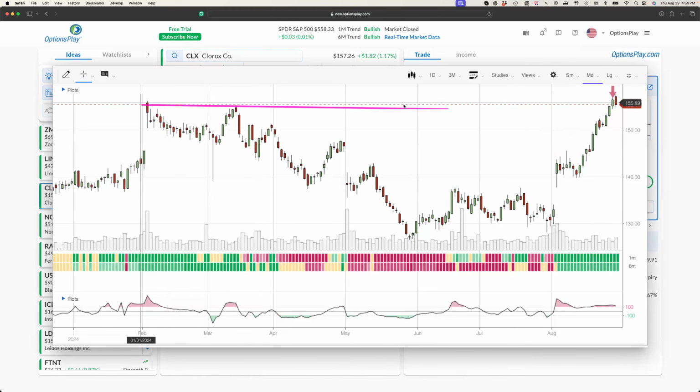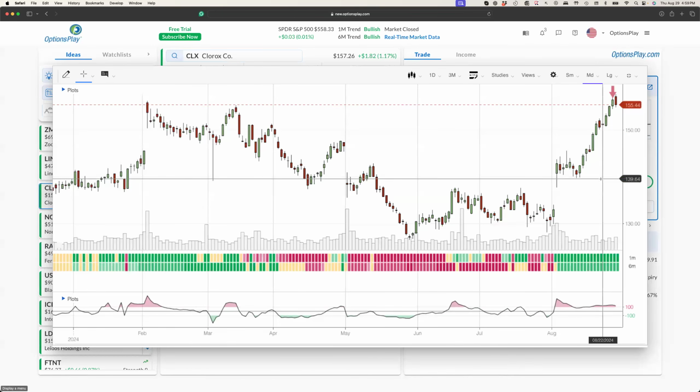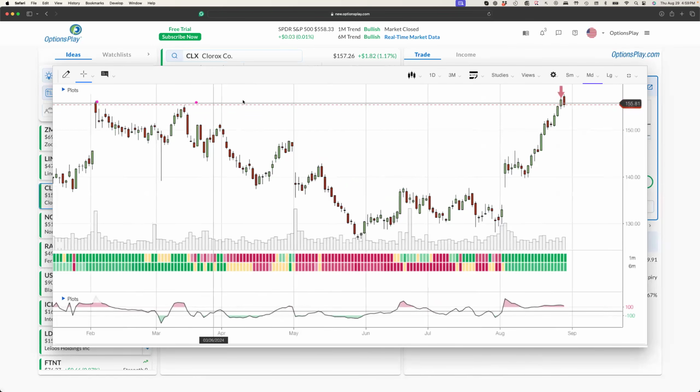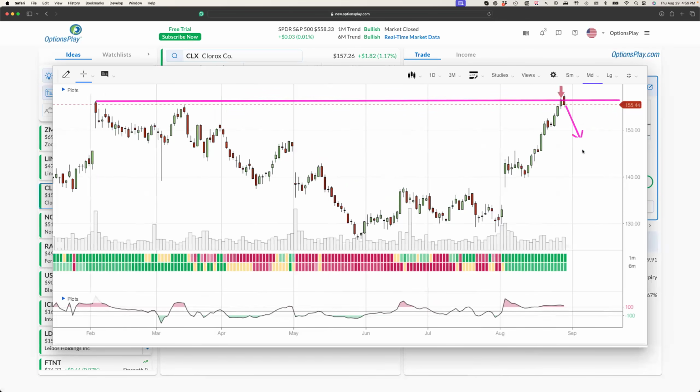We also have, you can call it a triple top here around this 155 area, a potential reversal area. And this is the prime example of a great trading setup, because if 155 truly is a top here for Clorox, the downside potential is pretty substantial.